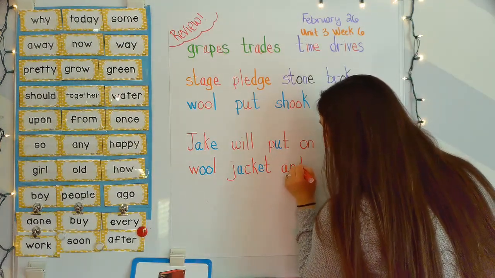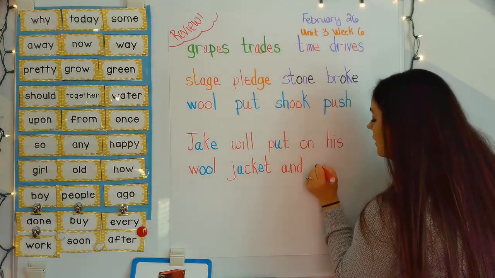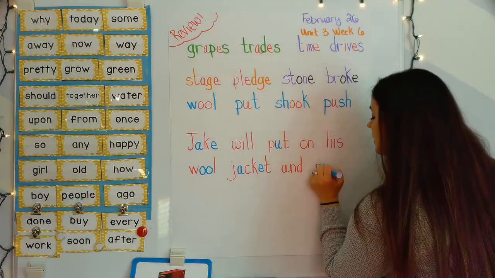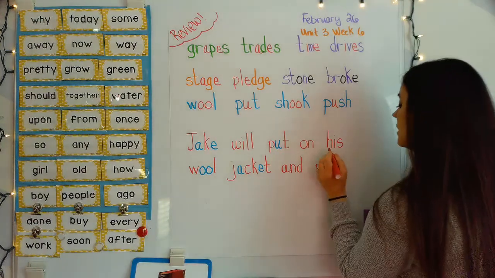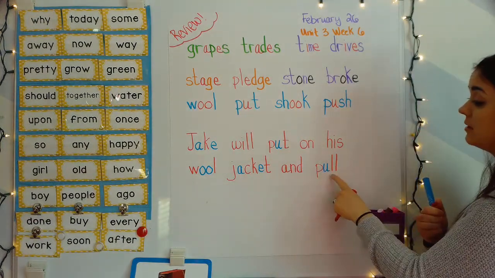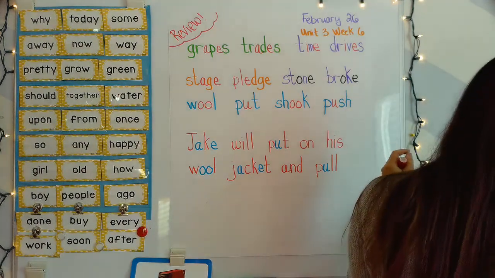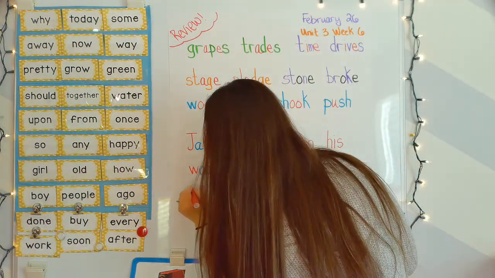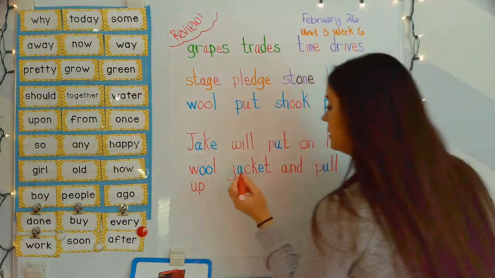High frequency word and. P says pa, a long sentence here. U says uh in this case. Remember, 2 consonants, you just double up on the sound. In this case, it's L. So ol, pa, ol, pull. And up, high frequency word.